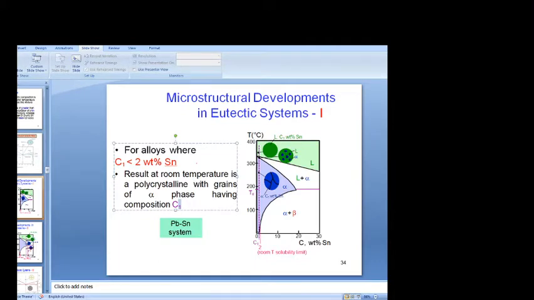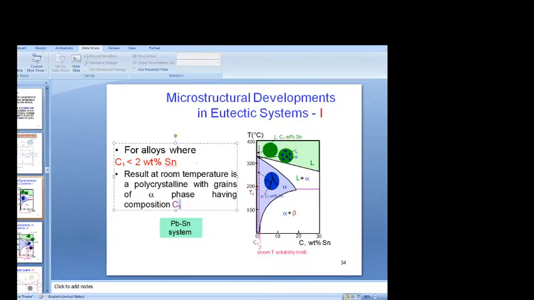In the earlier lecture we discussed the tin and lead system phase diagram, and now we are again considering the Pb-Sn system for understanding the microstructural development.